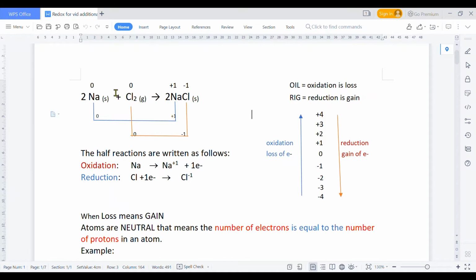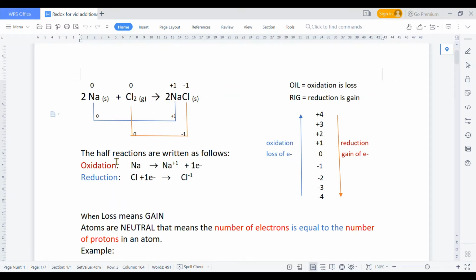Now we will assign the oxidation states. Sodium, it is uncombined, so it will have 0. The same with chlorine, 0. Sodium ion will have +1 and chlorine, or chloride ion, -1.